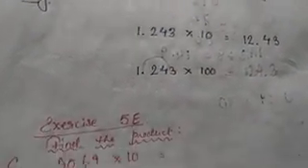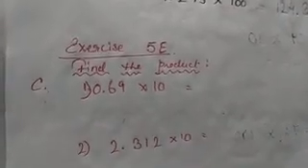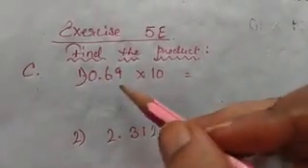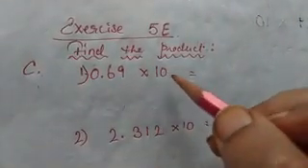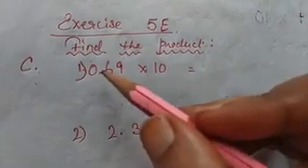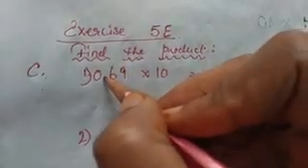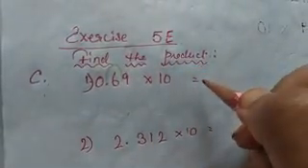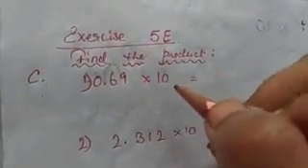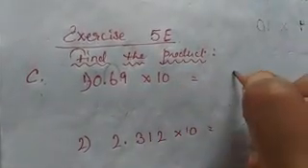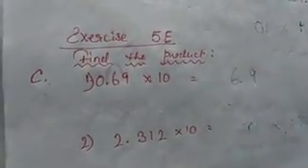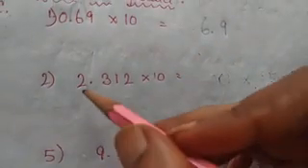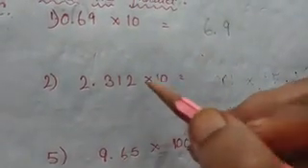Now let's start solving the sum. Here 0.69 into 10. Again you have to move the decimal point one place to the right. So the number will be 6.9. Now 2.312 into 10.